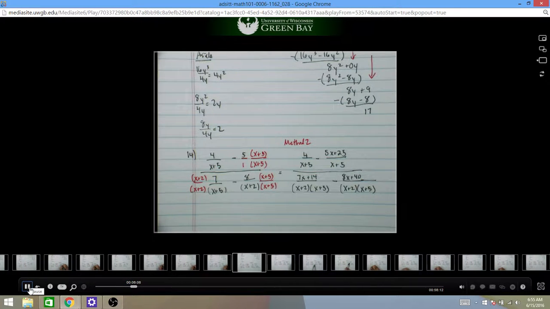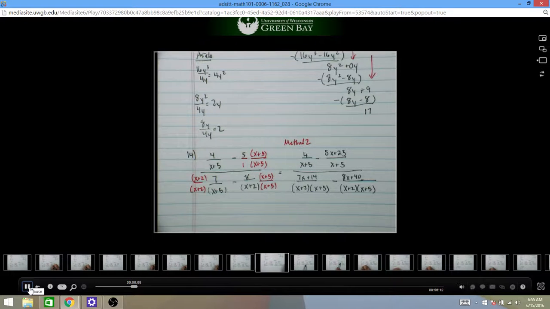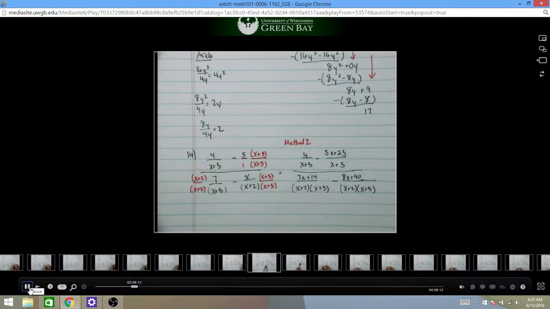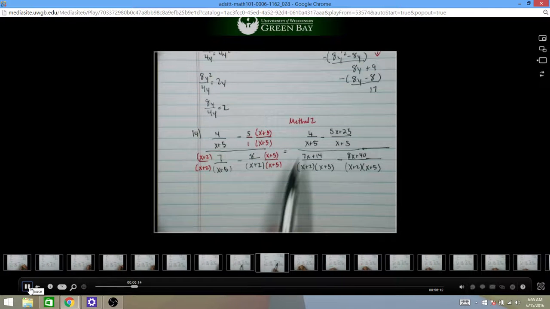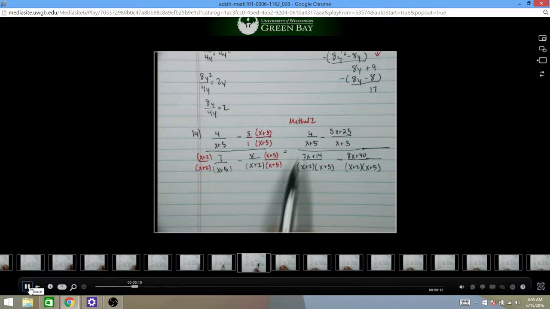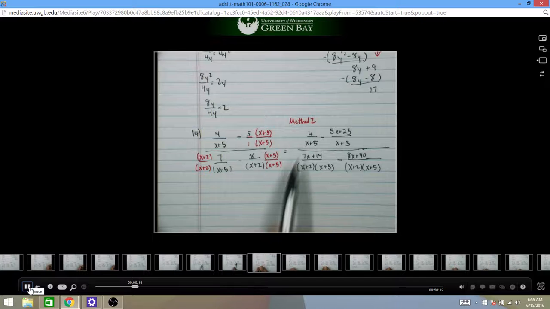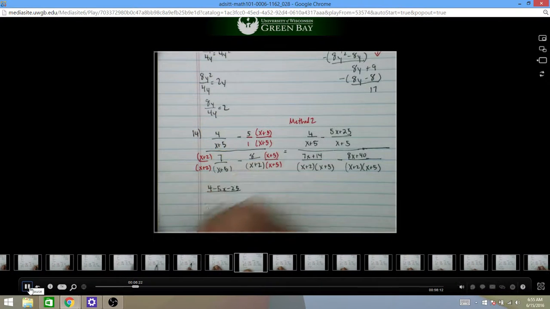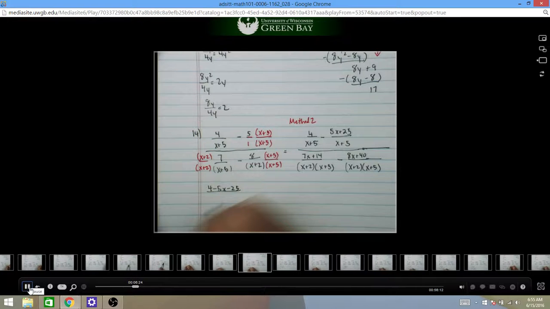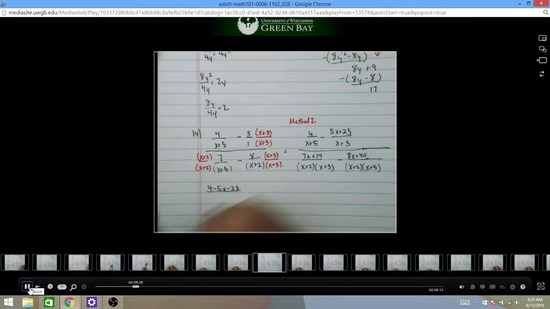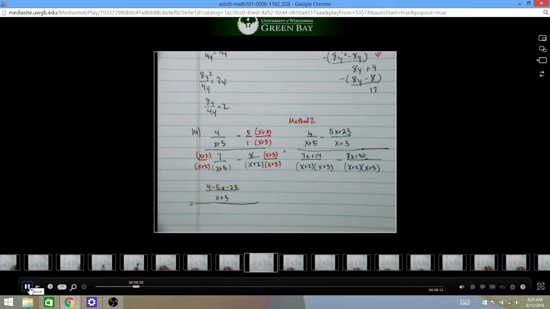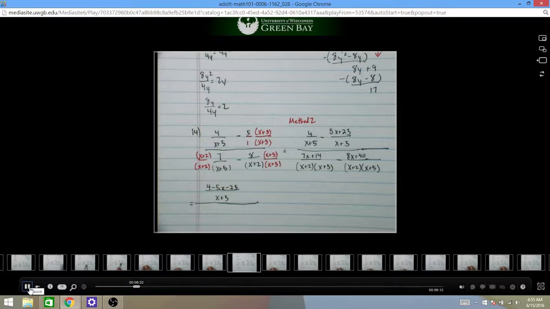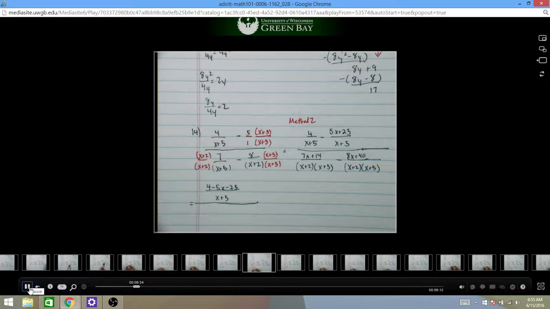So now the little fractions can be combined because their denominators match. So here I have 4, and then distribute the minus. So 4 minus 5x minus 25 over x plus 5. In the denominator, you're subtracting as well, so be careful to distribute the minus sign. So 7x plus 14 minus 8x minus 40.